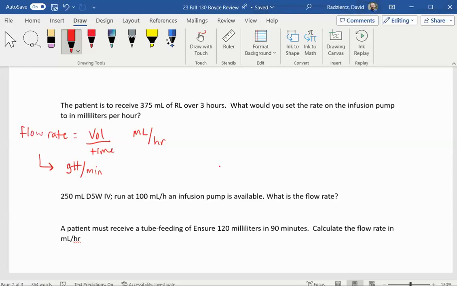Okay. So if I'm doing this, because we're calculating a flow rate, I'm just going to take 375 milliliters over time, and then I'm just going to reduce it. So 3 goes into 375, 125 mL per hour.